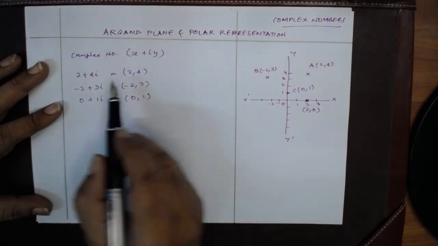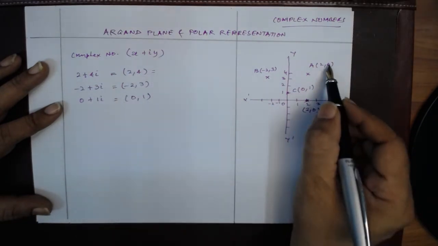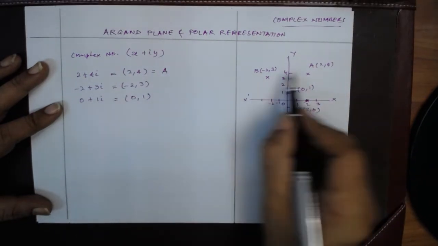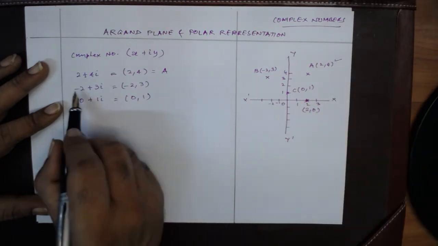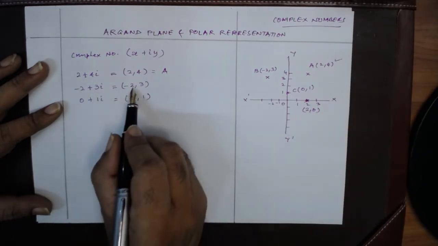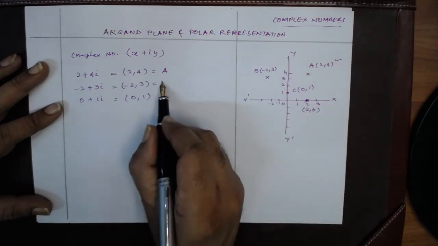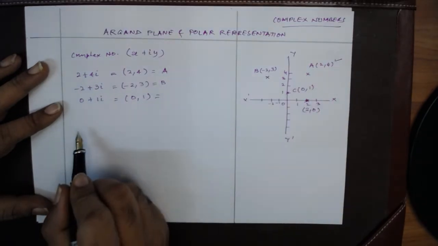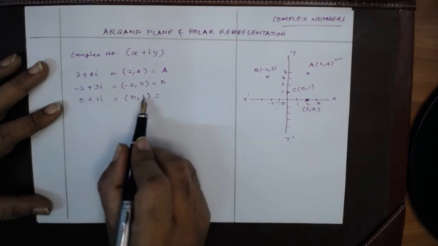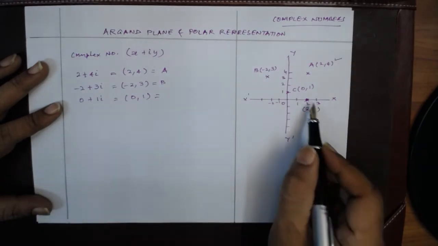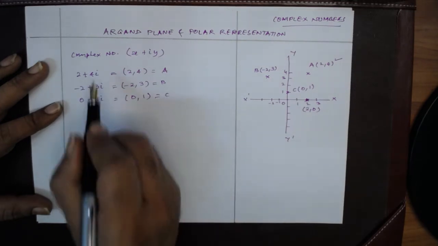When I say 2 comma 4, it means this one, point A. Minus 2 plus 3i, which is nothing but minus 2 comma 3, is point B. Similarly, we have 0 plus 1i, which is represented as 0 comma 1, in this case as C. Likewise, etc.